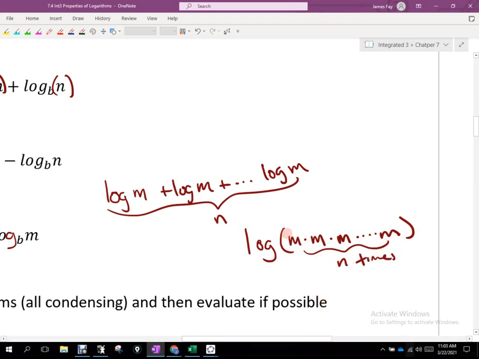And if I have m times m times m times m, how can I rewrite that in a more convenient way? I can use exponents. Does that make sense? So that's kind of what we're getting at with that rule.